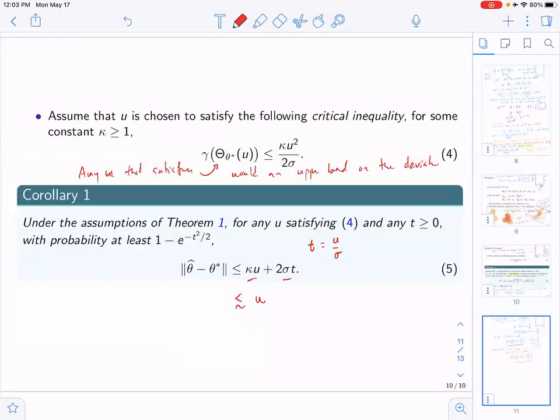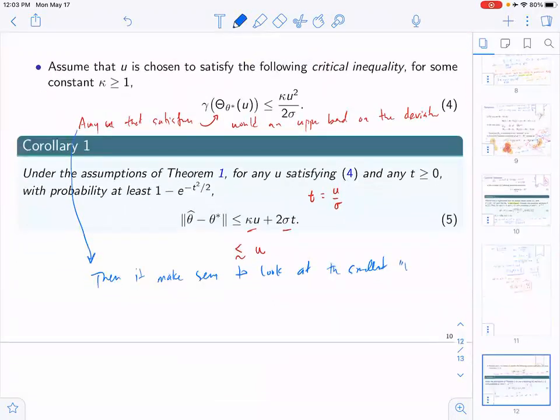Okay, so then it makes sense to look at the smallest u satisfying that equation, and you can argue that the smallest would be at a point where these two quantities are equal or roughly equal.